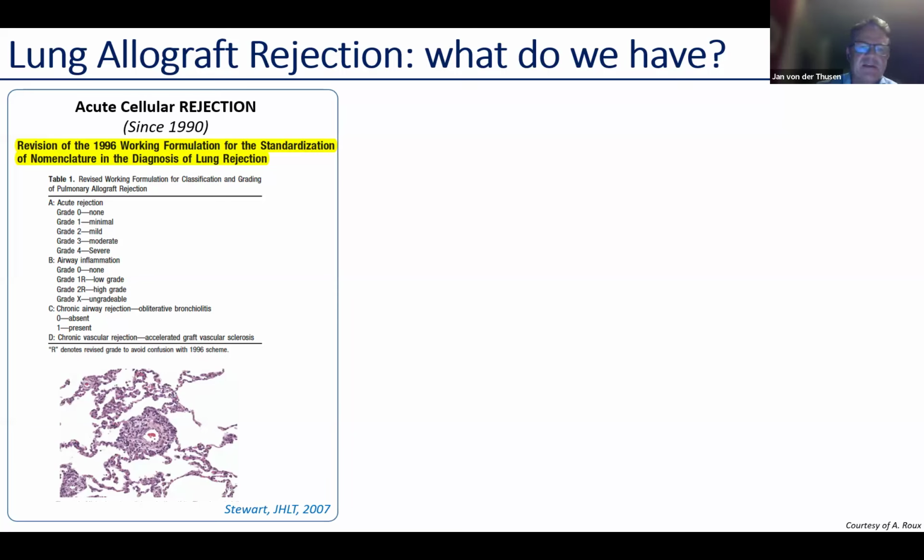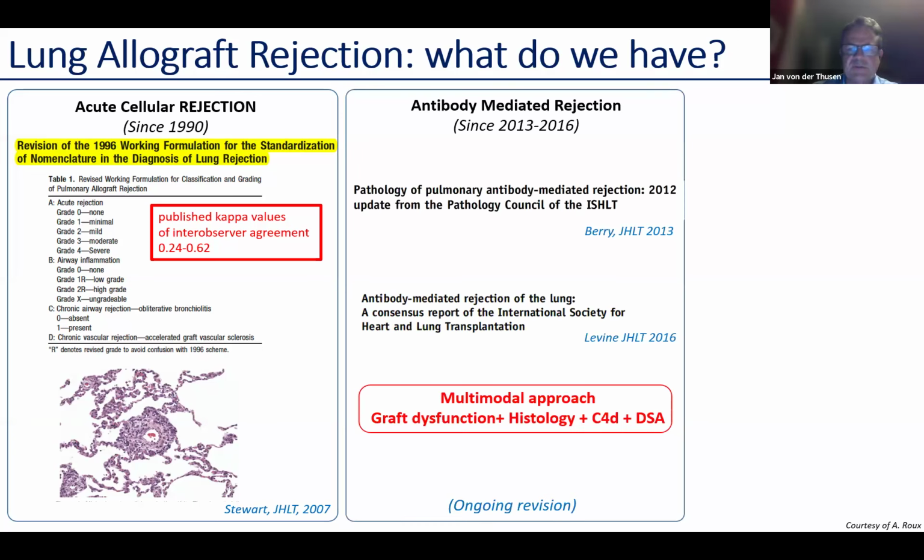So we have the acute cellular rejection guidelines stemming already from the 1990s, which we still use, the A-type rejections on the acute cellular, the B in terms of bronchiolitis, the C in terms of obliterative bronchiolitis, and something that we hardly ever see is the D in terms of chronic vascular rejection in the biopsies. So we know a pretty limited kappa value when it comes to the inter-observer agreement for many of these features, and I'll show you that in a moment as well.